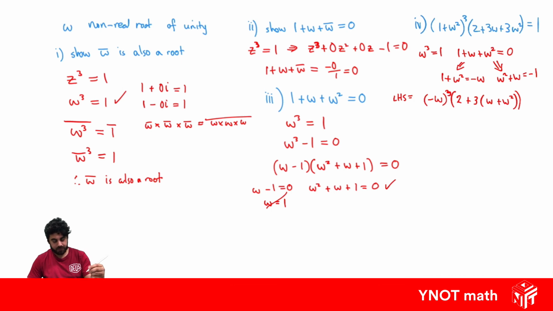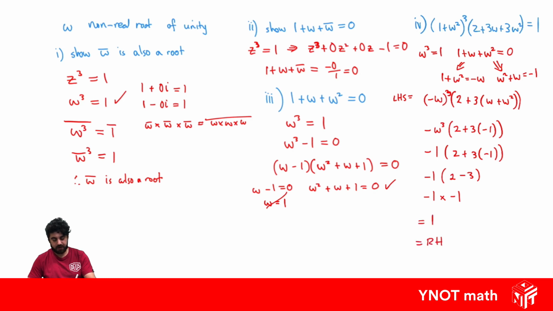Now, minus w all cubed just equals minus w cubed. Then we're going to have 2 plus 3. Now we know w plus w squared equals minus 1. Now we know w cubed equals 1. So we're just left with this to evaluate. So we get minus 1 outside of 2. 3 times minus 1 is minus 3. Minus 1 times 2 minus 3 is minus 1. And minus 1 times minus 1 is 1, which equals the right-hand side.